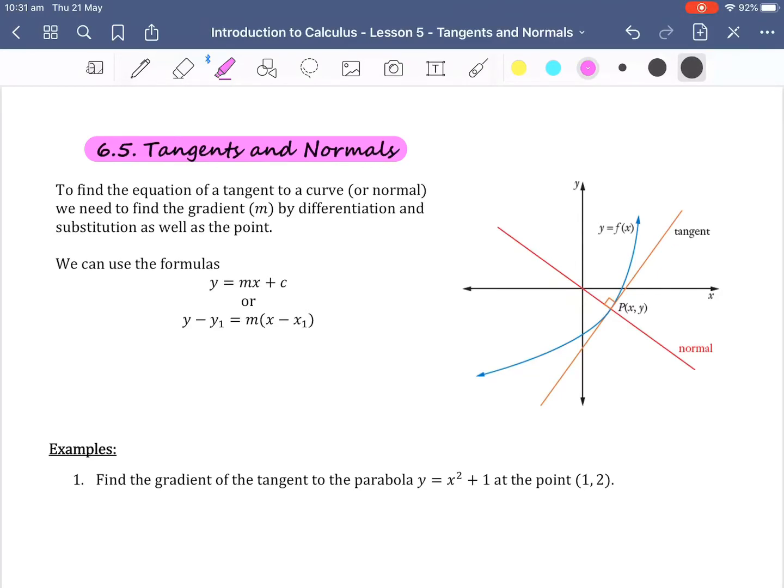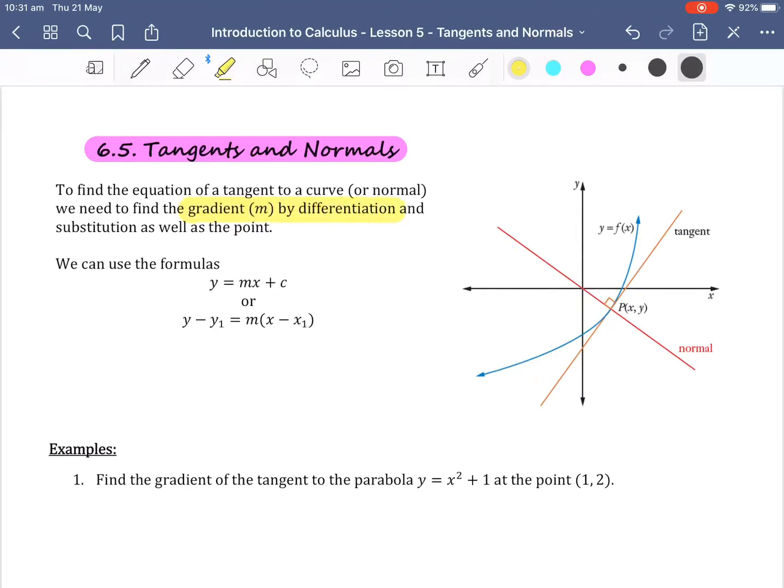So we can use the formula y equals mx plus c, or y minus y1 equals m bracket x minus x1 to find its equation. What we're going to do today is find the equation of tangents or the equation of normals. To find the equation of a tangent to a curve or normal, we need to find the gradient.